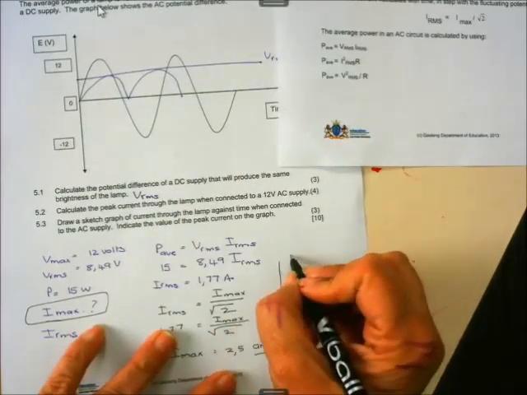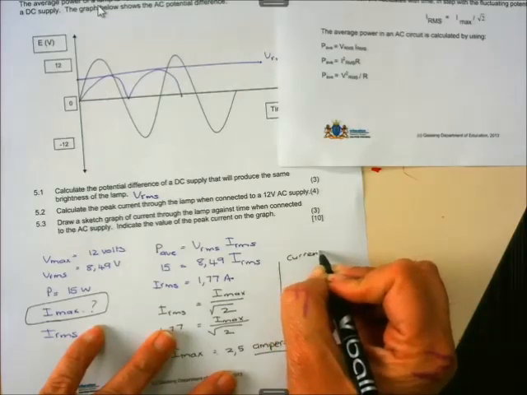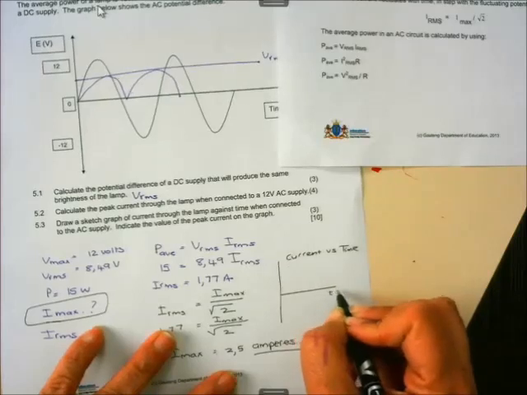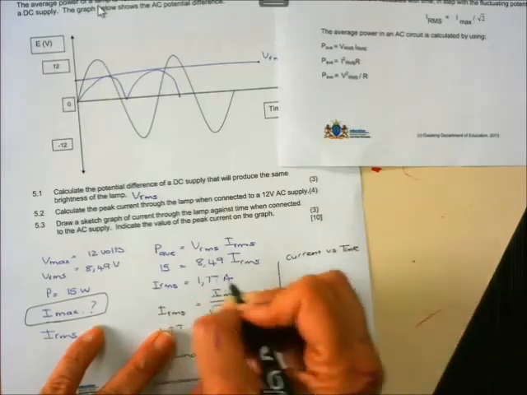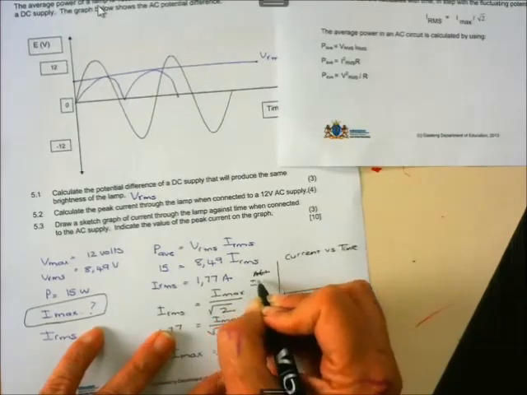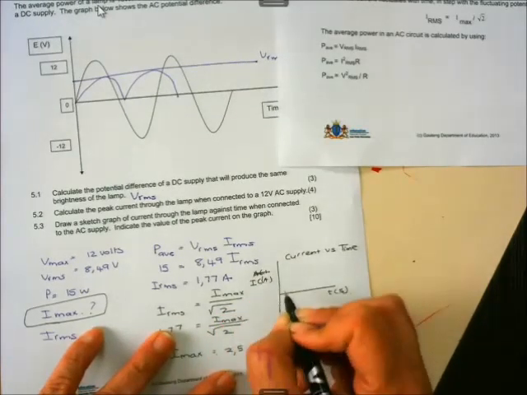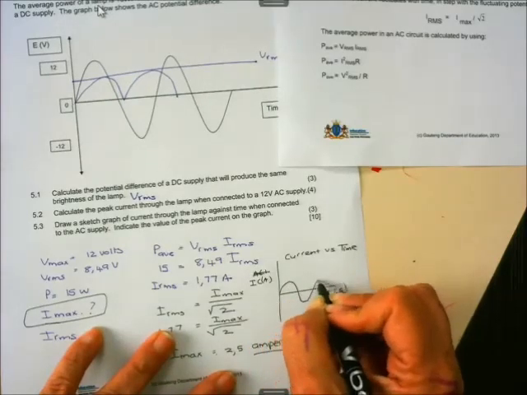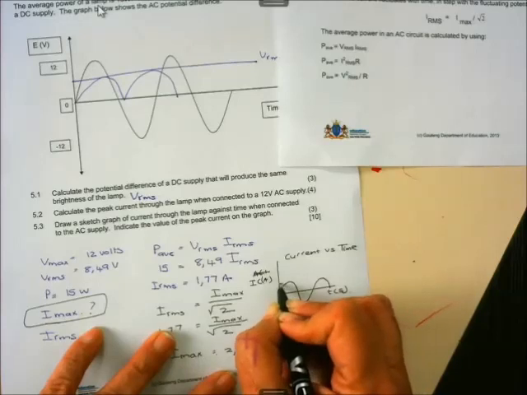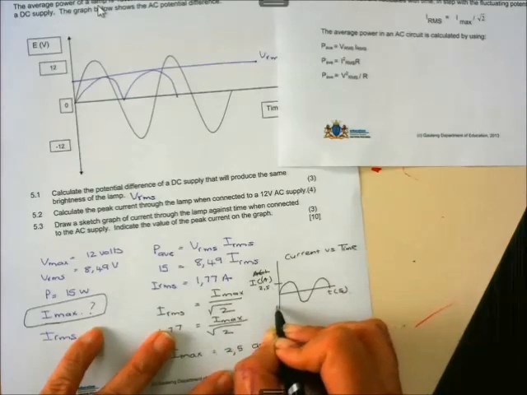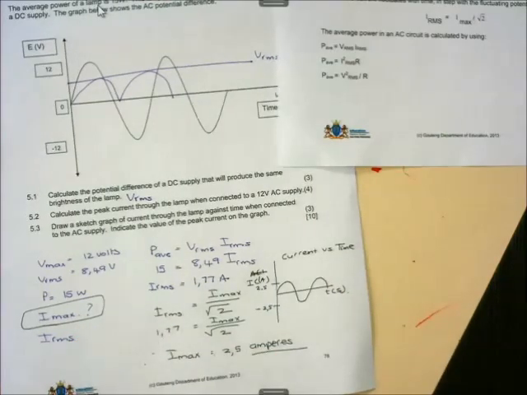So it's going to be current in amperes versus time in seconds. That's going to be 2,5, and this is going to be negative 2,5. And that is going to be your graph.